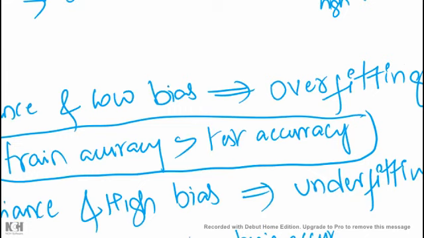Low bias means low train error, which is also called high train accuracy.